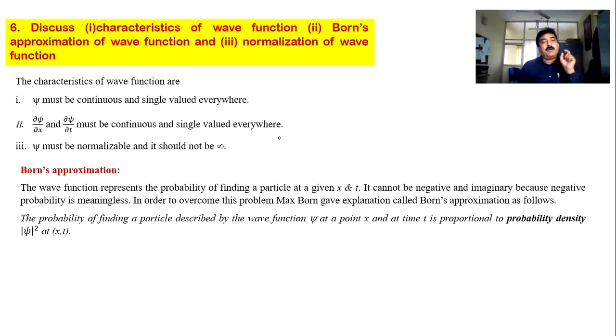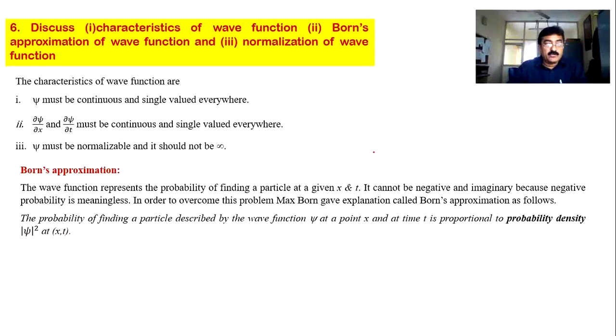Next, see, the wave function is a probability of finding the particle. Probability cannot be imaginary. Probability cannot be negative. It is always real and positive. But just look at the Schrodinger wave equation derivation. I wrote psi is equal to e to the power of, I just write the solution.